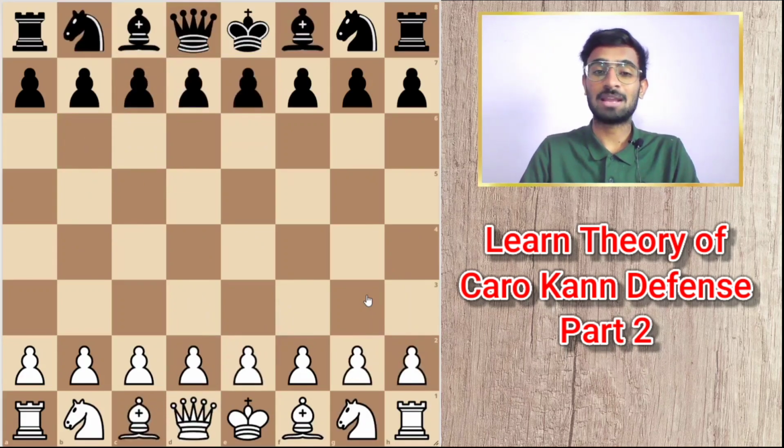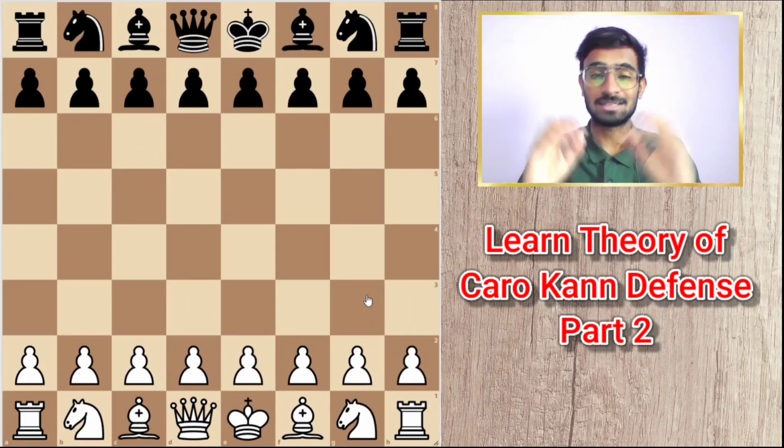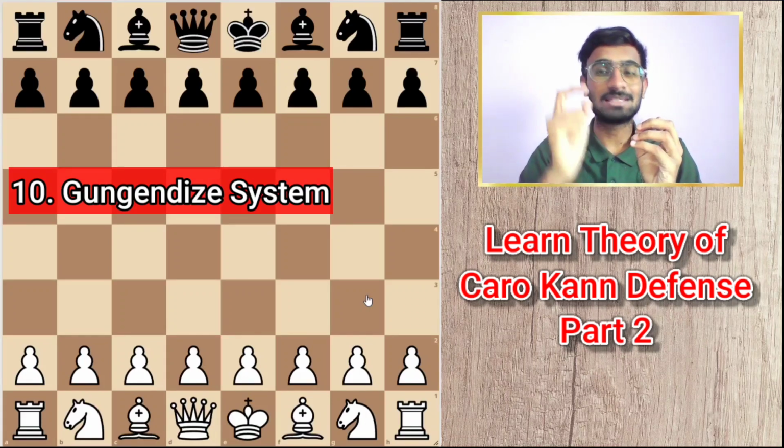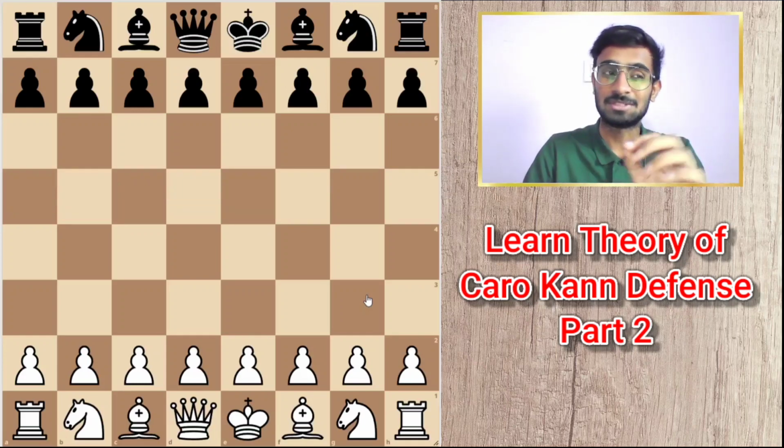So now let's go back and look at the last one, the 10th variation, which is known by a very hard name, Gurgenidze system. Okay, that's the name, Gurgenidze system.